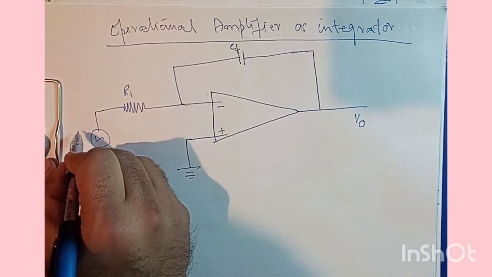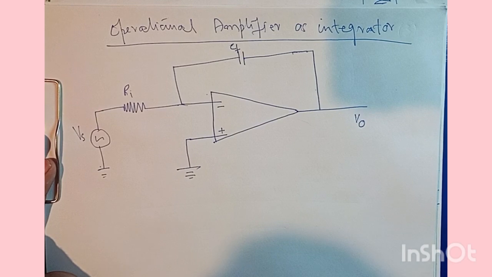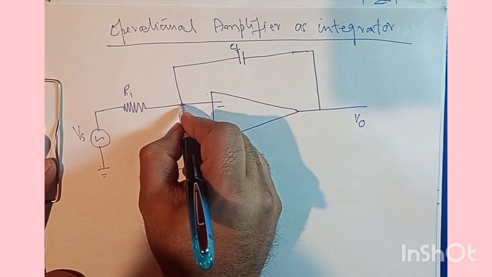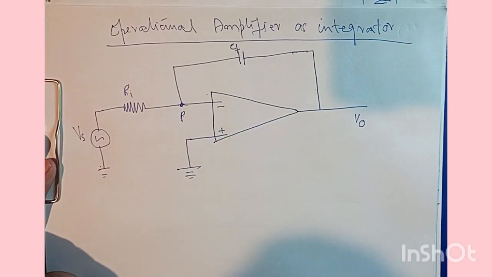Here this is Vs, the voltage signal, and here we have a junction. Suppose this junction is junction P. Now let's analyze this circuit.